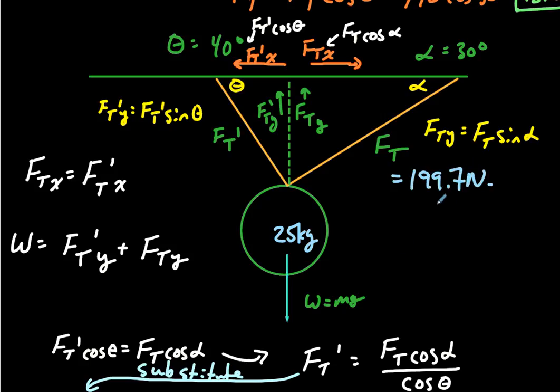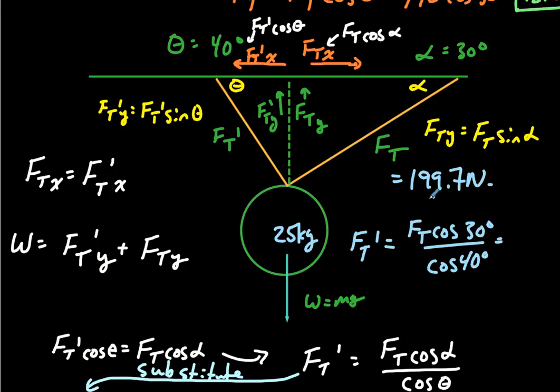So 199.7. And actually, we don't have to go all the way through that whole thing for the other side, although you could. If we know what Ft is, we could find Ft prime based on this formula, right? So we could just take this number and say Ft prime equals Ft cos 30 divided by cos 40 degrees.